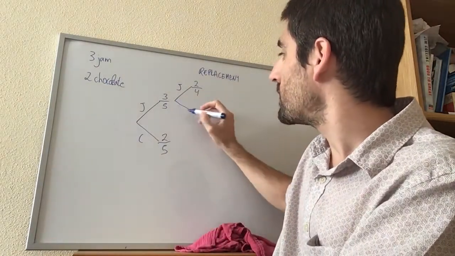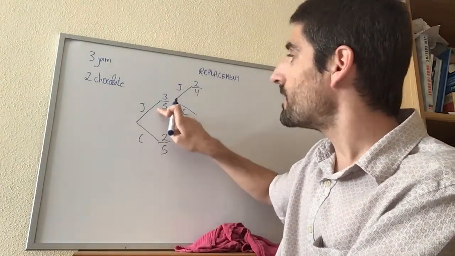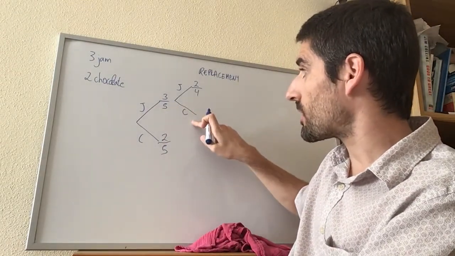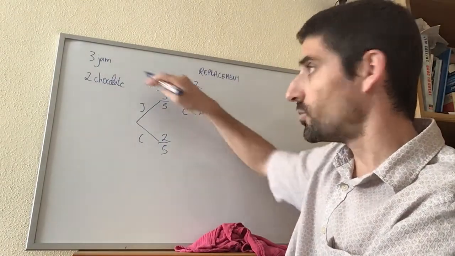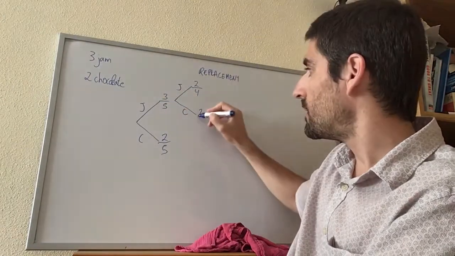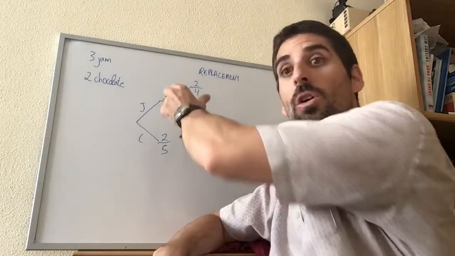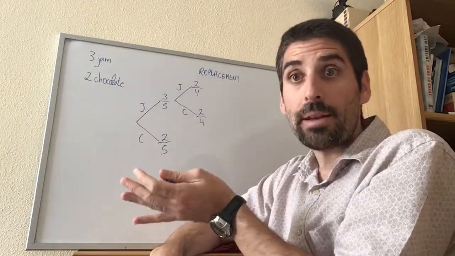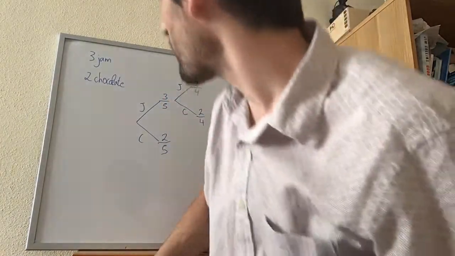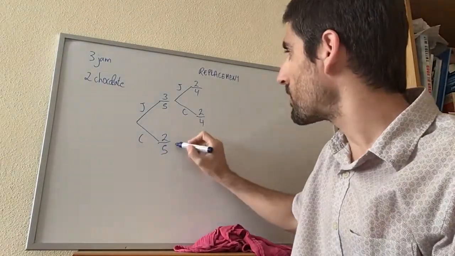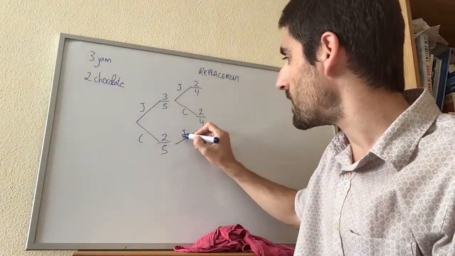What's the probability of the second one being chocolate, if the first one was jam? It would be 2, because the 2 chocolate donuts are still there, but the total is now 4. Okay? And don't copy this down because it doesn't work like that anymore. You need to be very careful. If the first donut was chocolate, what's the probability of the second one being jam?